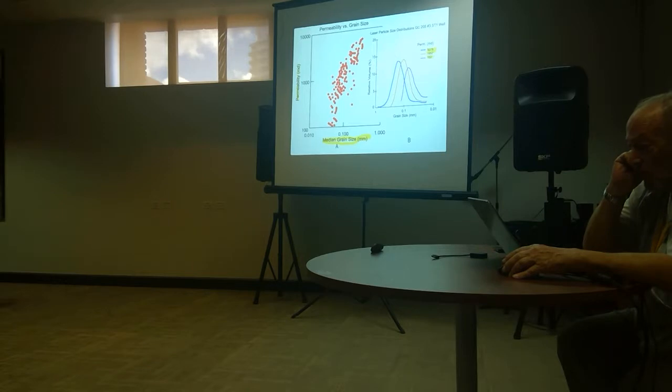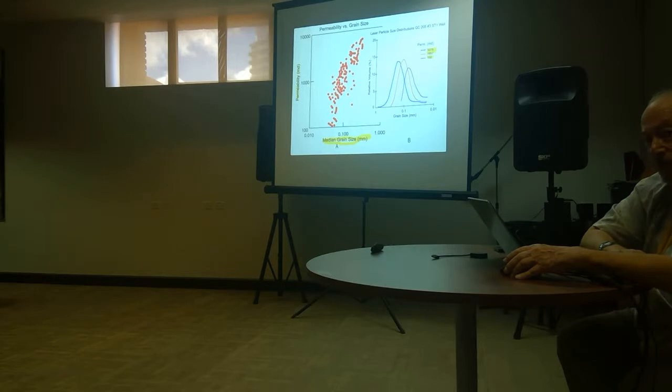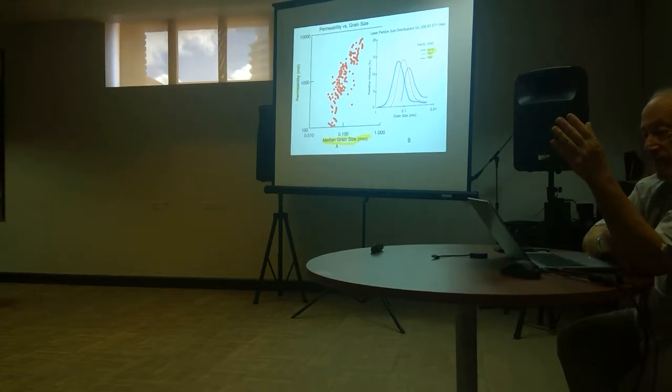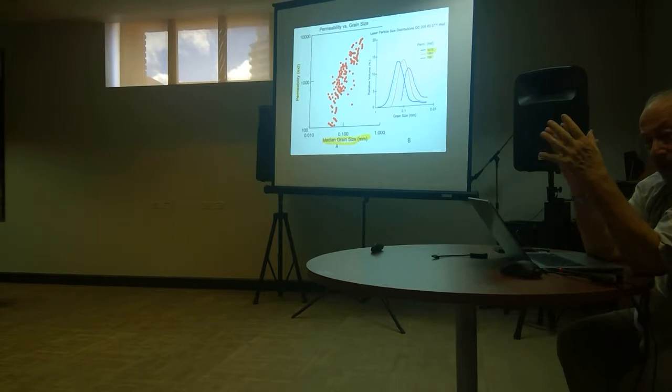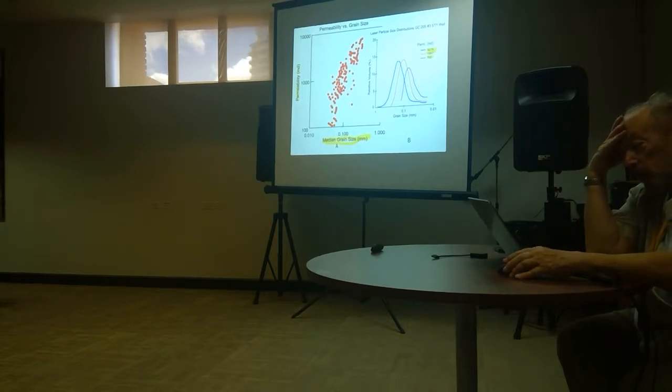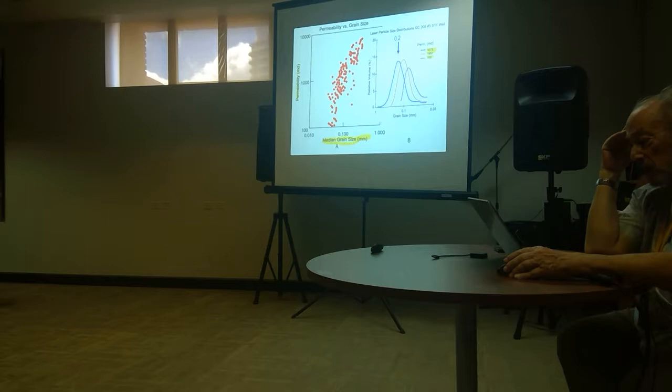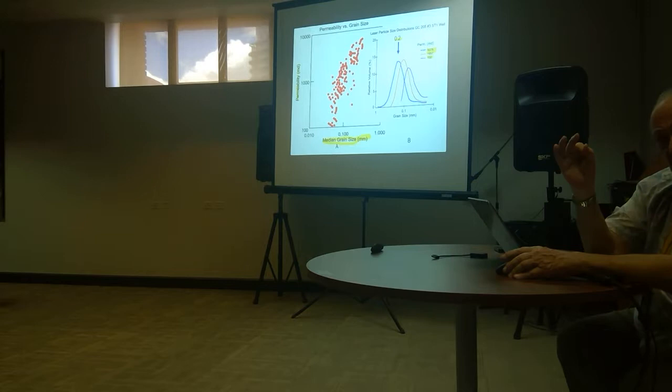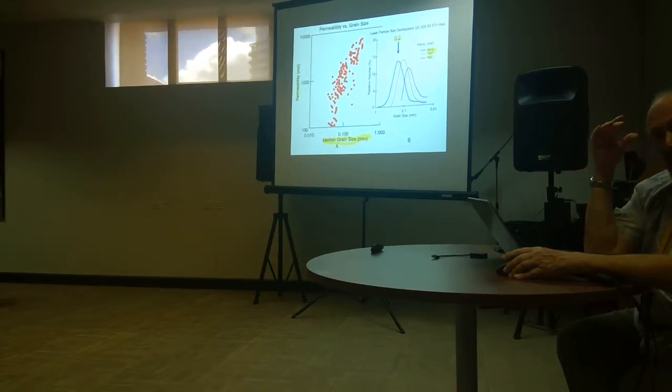And so the blue curve here represents the frequency of distribution of different particle sizes within that one core plug. So in blue, where you had 5,078 millidarcies, the most frequently occurring particle size here is 0.2 millimeters in diameter for the grain size. That translates into about medium grain sand.